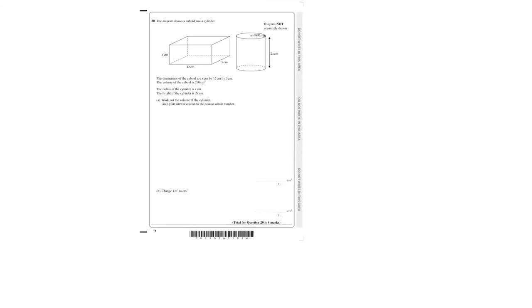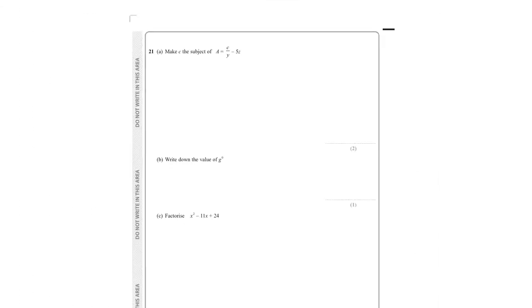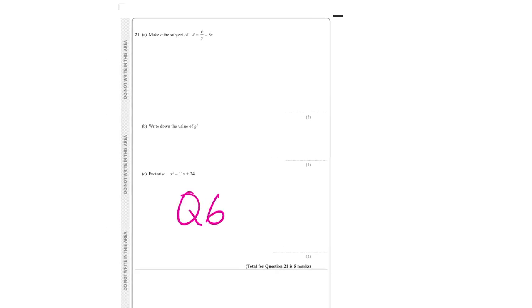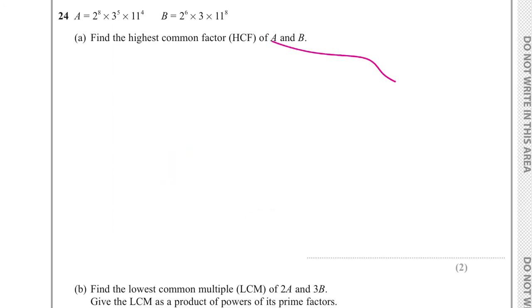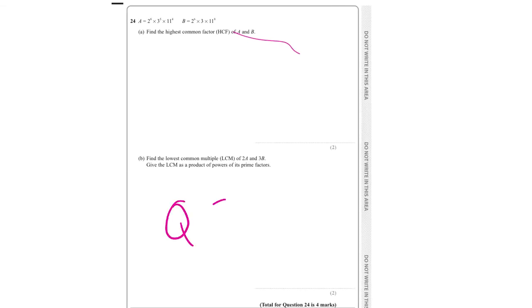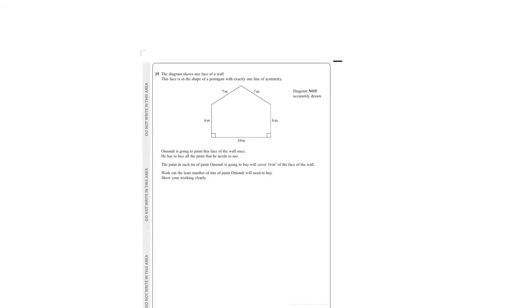Then question 20 is question 5. We have question 6, question 7, question 8, question 9, and question 10. And there actually were 40 marks, the last 10 questions.